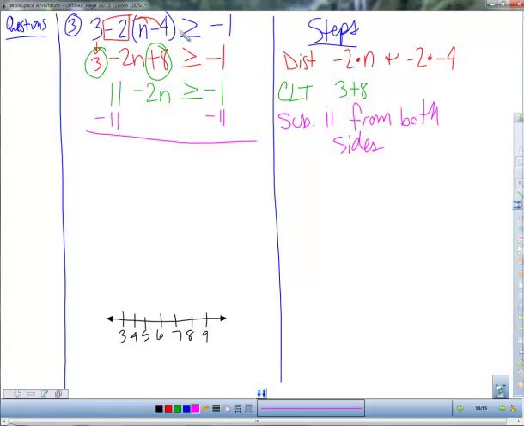When I do that, those 11s cancel. I get negative 2n is greater than or equal to negative 1 minus 11 gives me a negative 12. From here, I am going to divide by negative 2 on both sides.